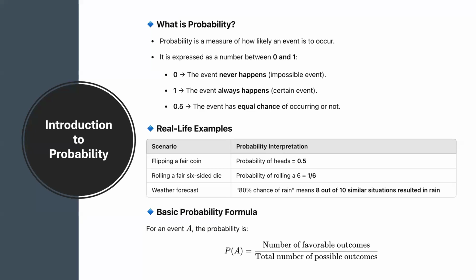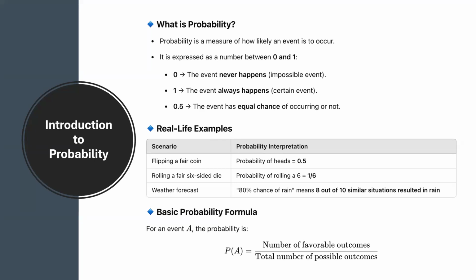Similarly, rolling a fair six-sided die. What will be the probability of getting a six? It'll be 1/6. If you have any doubt how we are getting 1/6, don't worry, we'll be talking about it. Let me give you a real life example, the weather forecast. You must have read in the news on your phone, there are 80% chances of rain today.